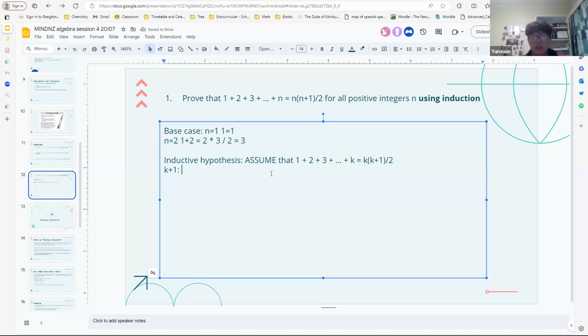So we first look at the statement for k plus 1, if k plus 1 were to be true. The statement would be to prove that 1 plus 2 plus 3 plus dot dot dot plus k plus 1 equals k plus 1 times k plus 2 over 2.